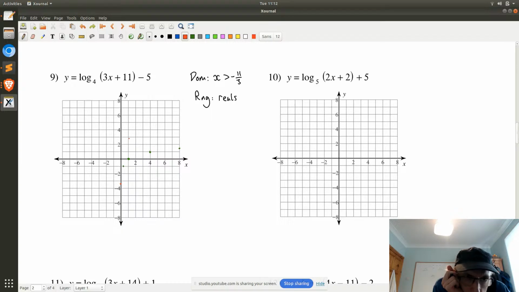What I want to also get is the asymptote. And, well, there it is, the domain, negative 11/3, which is negative 3 2/3. So, like there.